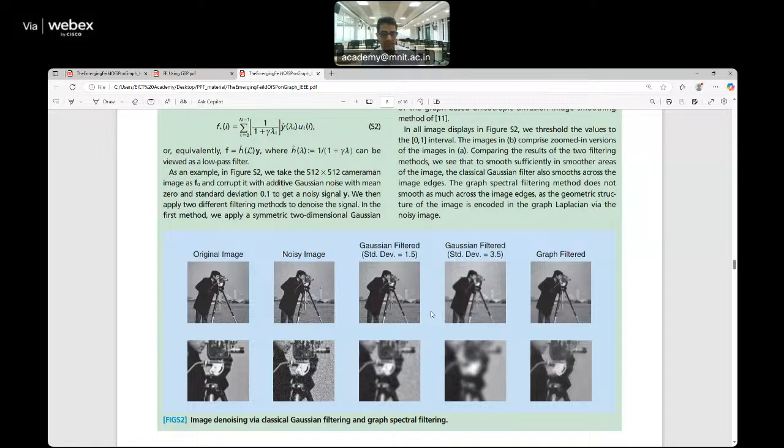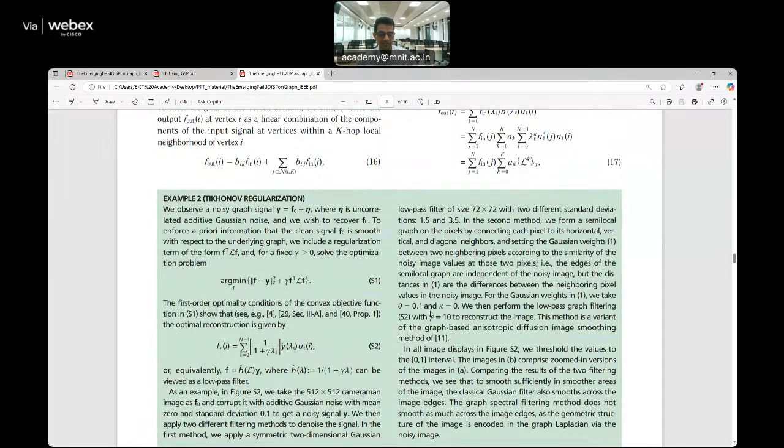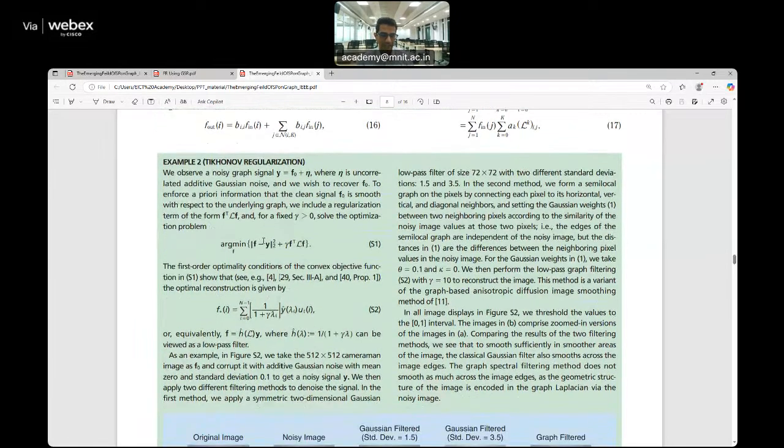But remember, when I was trying to actually implement that example, it really took me a month, 1.5 months to go through it. Whatever they are telling here is not easy to implement. I even wrote once to one of the authors of this paper, saying I am implementing it but still finding difficulty.